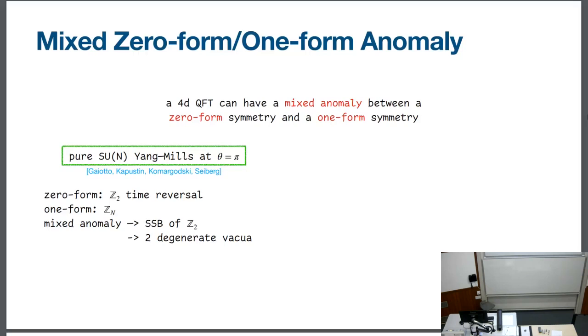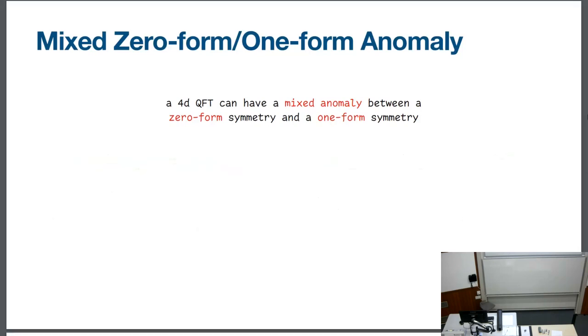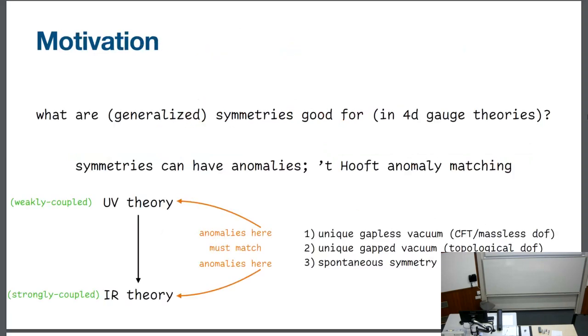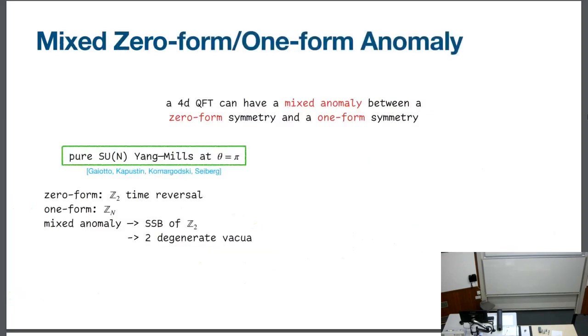So what this means is that one of the things on the previous slide has to happen. And these authors argue very plausibly that the first two options are actually ruled out by different methods, and that you should be in a spontaneous symmetry breaking phase. You have two options. You could break this Z2, or you could break the Zn. If you break the Zn, then your theory no longer confines. That's also believed not to happen from lattice simulations.